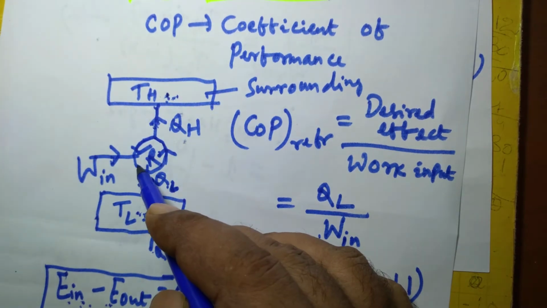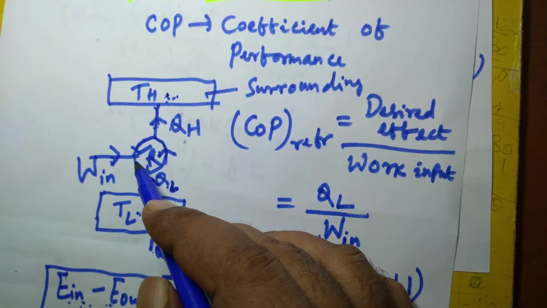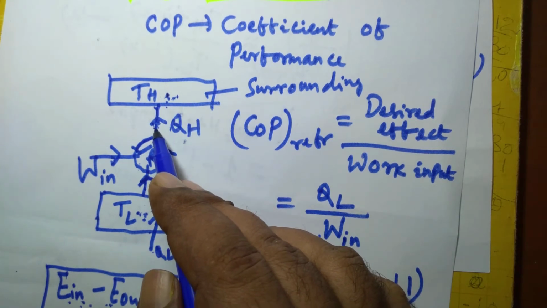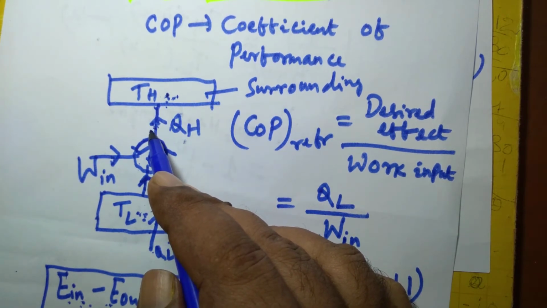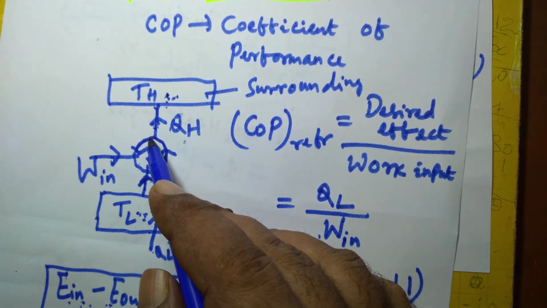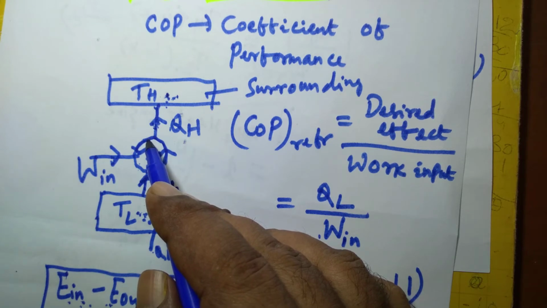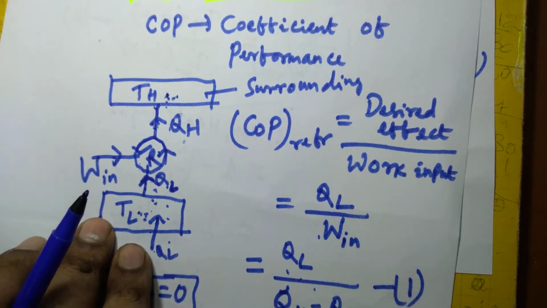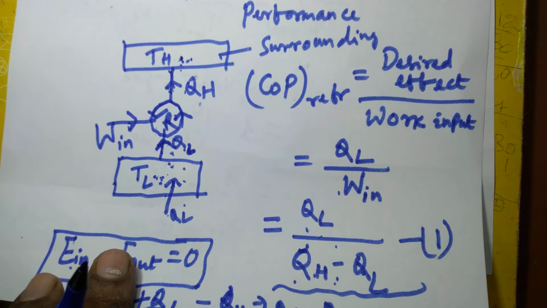The same device used as a refrigerator can also be used as a heat pump, and only the desired effect changes. And we have already discussed while studying refrigerator and heat pump that COP of heat pump is equal to COP of refrigerator plus 1.